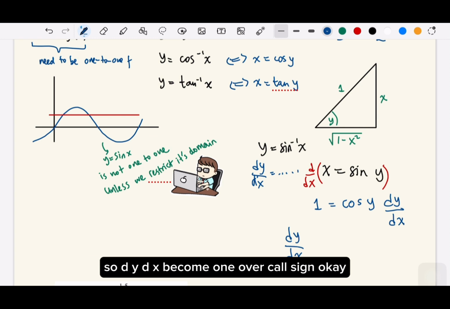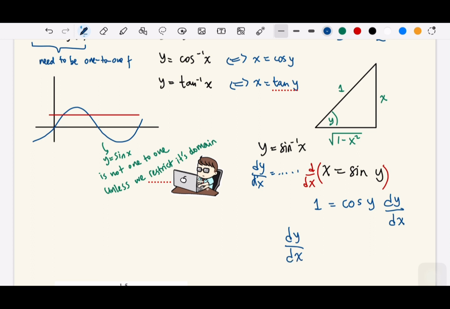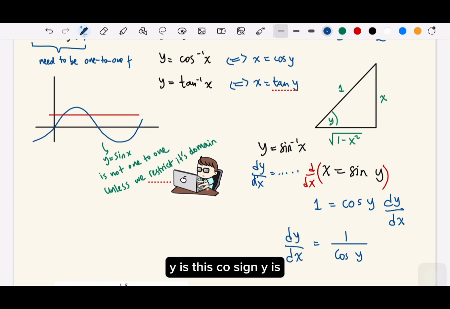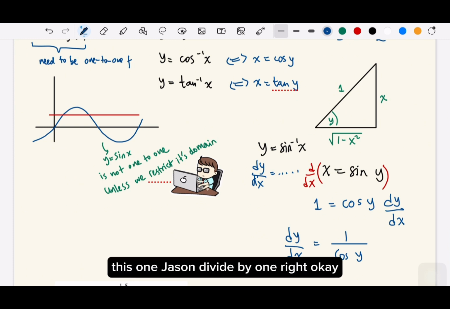So dy/dx becomes 1 over cosine. Okay, not yet finished because it's still on y. Cosine y is this one, the adjacent, divided by 1, right?